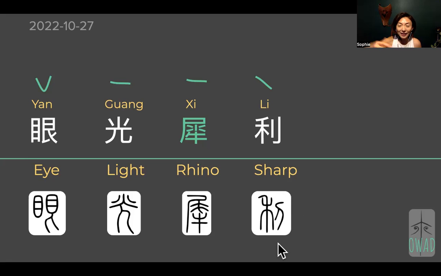Okay, so you see this tool to cut crop is like a knife with an edge. So an edge is like one whole side of it is sharp, right? It's a line, a long space, but the rhino is like a tip, a point. So I guess pairing the rhino's horn sharp with the crop-cutting sharp gives you a more specific sense of how sharp that is.